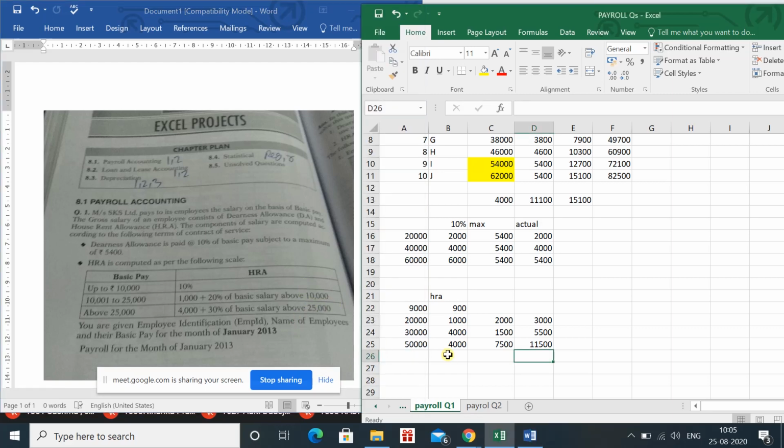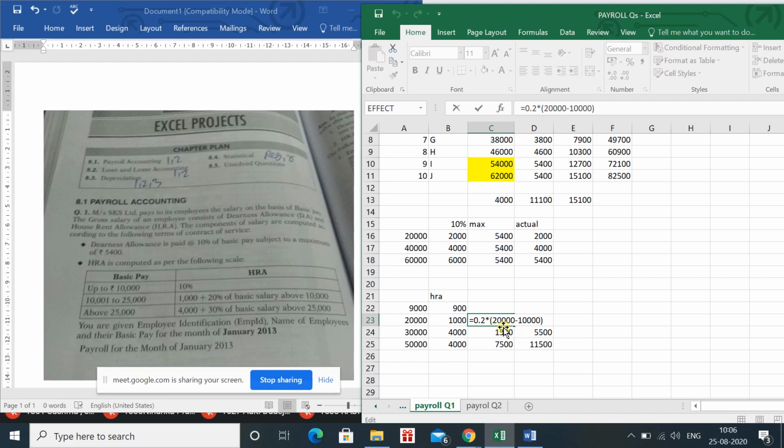So the fixed value is 1,000 which you will receive if your salary is between 10,000 and 25,000, and 20% of the salary which is in excess of 10,000. So if my salary is 20,000, to calculate the excess of 10,000 I have to deduct 10,000 from my salary.